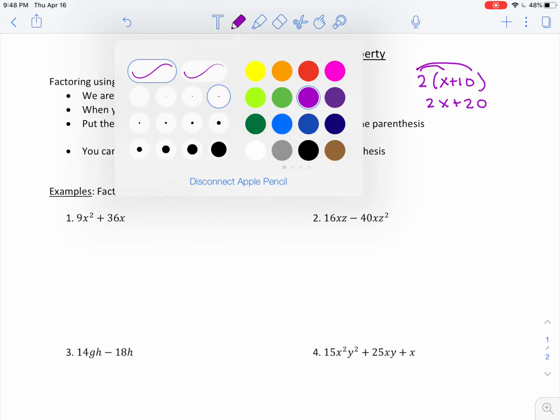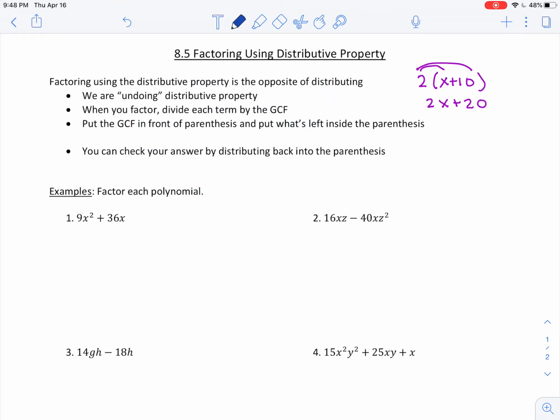However, today we're going to start factoring, which is the opposite of that. Today we're going to start with 2x plus 20 and break it down into smaller pieces, factor it into something like 2 times parentheses x plus 10. Since factoring is like the opposite of doing the distributive property, when we factor, we're going to divide out terms, the opposite of distributing, opposite of multiplying.